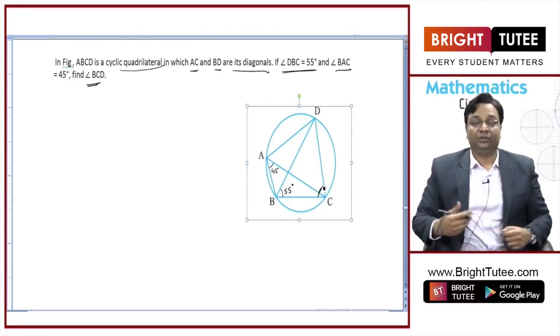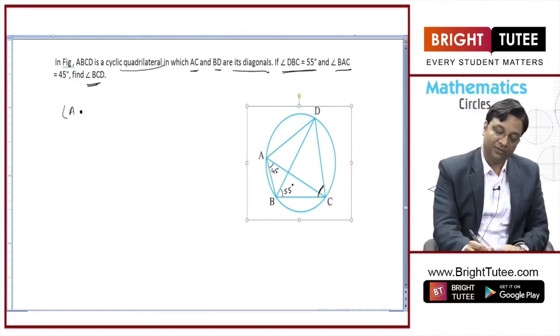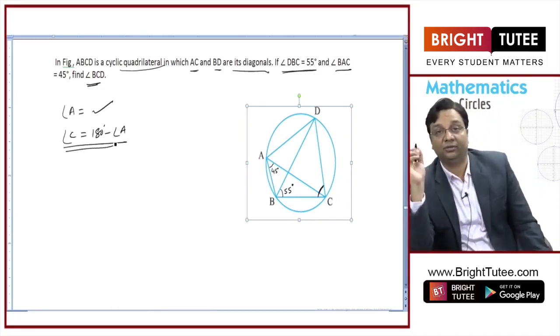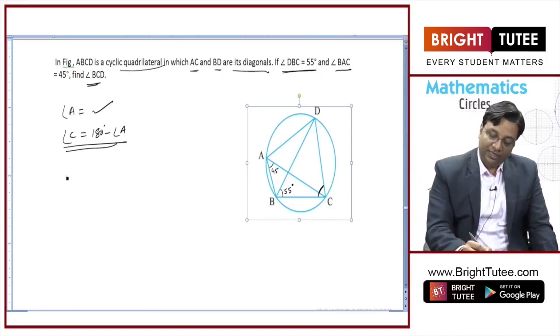So if I ask you a question, that if you know the measure of angle A, can you find angle C? Yes, because it will be 180 minus angle A, as the opposite angles of a cyclic quadrilateral are supplementary. Now look at chord CD.